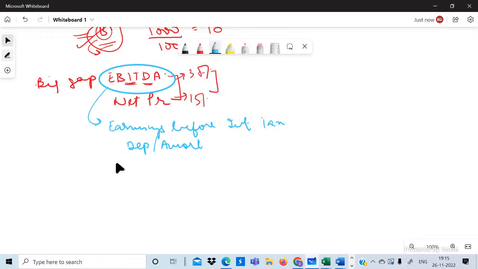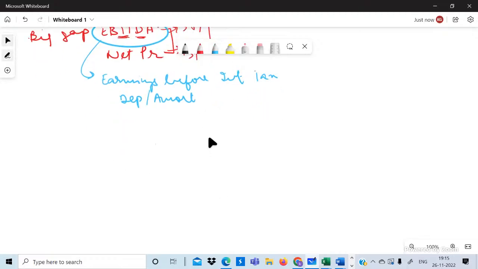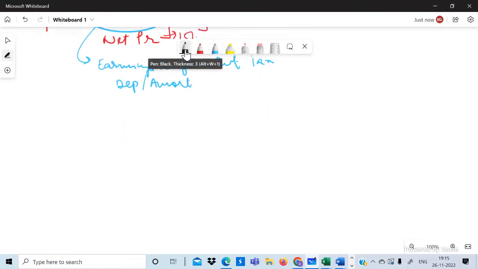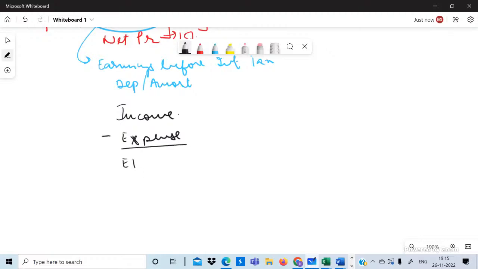If you remember your income statement, corporates take their total income and then start reducing expenses. Initially they take their expenses without capturing depreciation, amortization. And finally they get something like EBITDA.